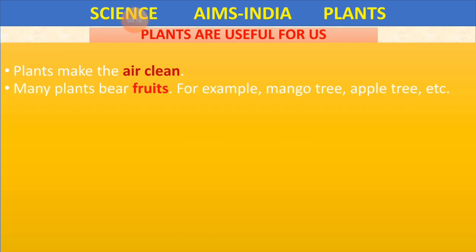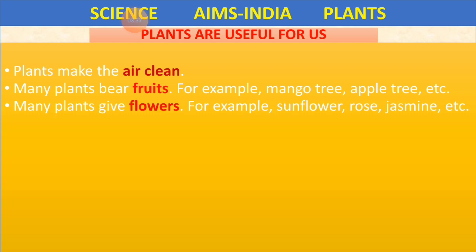Yes or no, children? Now, many plants bear fruits. Plants give us tasty fruits. So we have taste, and we also have good health by taking fruits, for example, mango tree, apple tree, and so many. And plants also give us flowers.